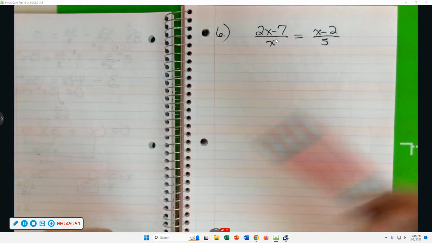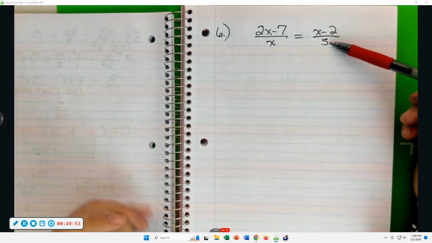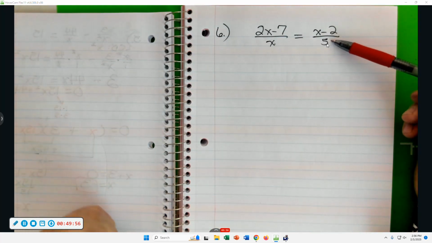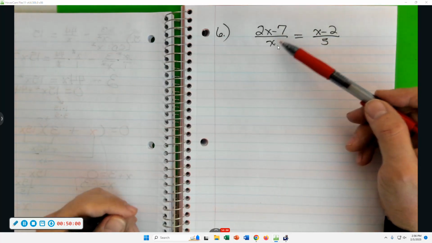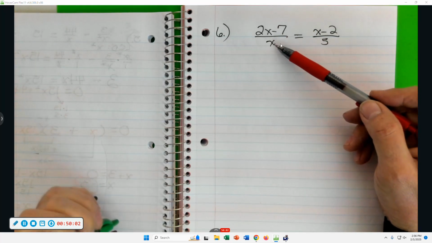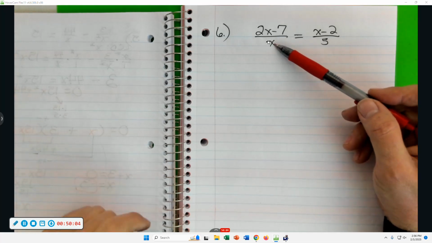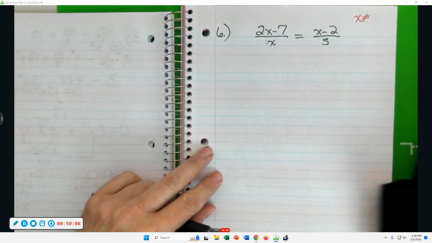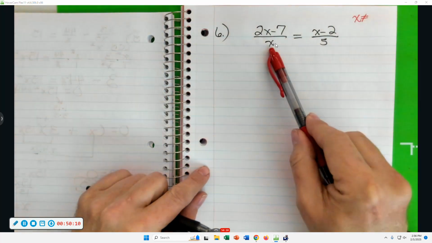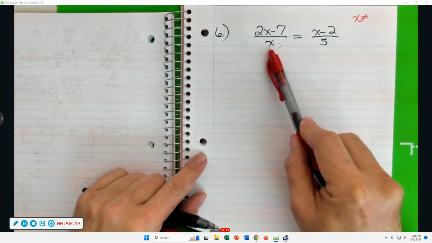Before I forget about it, this denominator's a 5. It'll never be anything else. It'll never be 0. But this denominator has a variable. What can x not equal? What's the only number you can plug in down there and it be 0?